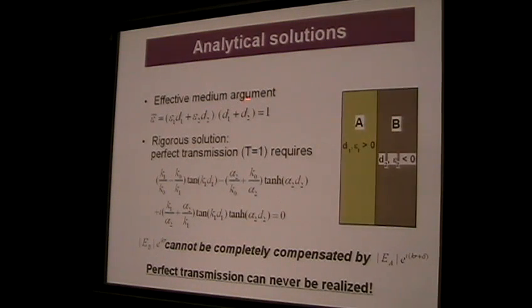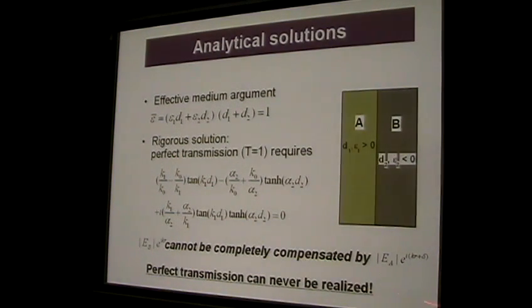If the effective medium description is valid, the effective dielectric constant will be an average of these two layers. So you can tune the effective dielectric constant of the A layer to make this condition satisfied. But this idea, although it's very simple, does not rigorously apply. If you solve the wave transmission properties through this AB layer rigorously, you will find that perfect transmission can never happen.